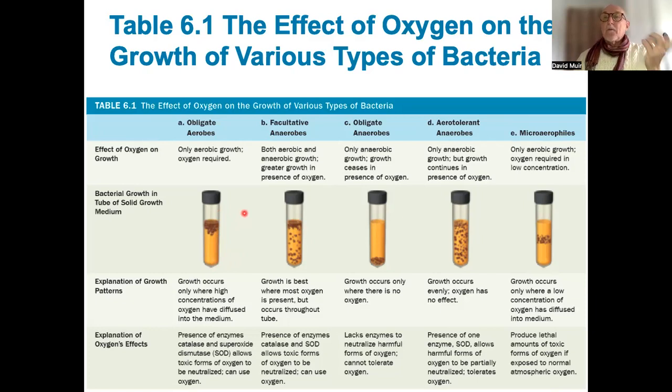The first group we're going to put in are members of the obligate aerobes. Obligate aerobes positively require the presence of oxygen in order to grow. And there are many of these, especially occurring environmentally. When we inoculate this tube and leave it to grow, we'll observe growth only at the very top.